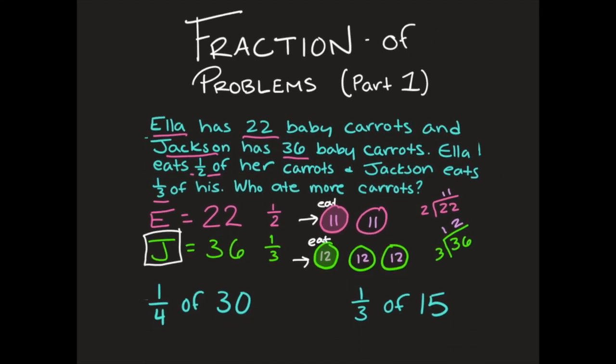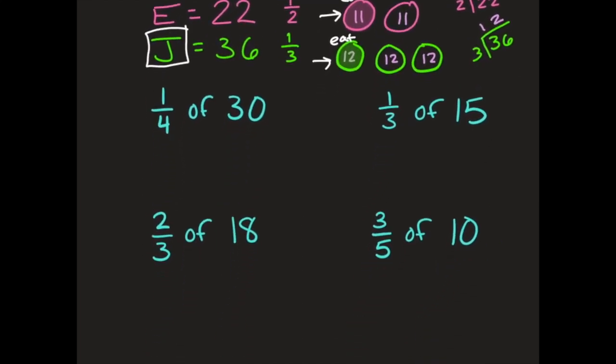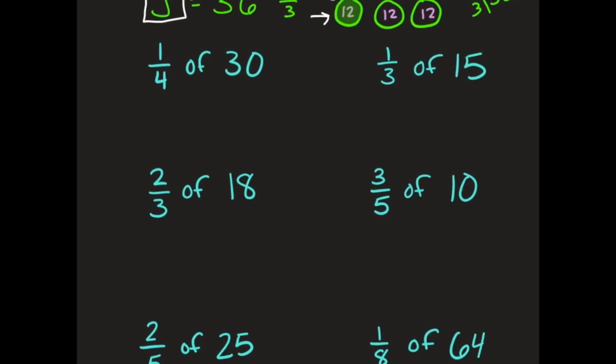All right, so I'm going to show you now in a way that is not a story problem, and this is kind of a quick way to do these problems. So I want 1/4 of 30. What I'm going to do, I'm actually going to change this really quick to 20, and let's do 1/4 of 20.